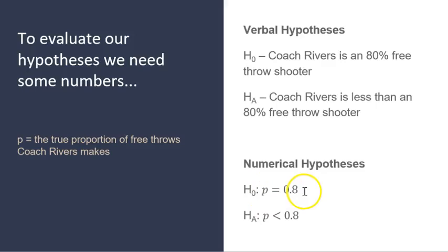We are talking about, in this case, a proportion or percentage of free throws that he makes, so we're going to write it as p equals. My null is always equal, so p equals 0.8. And then my alternative is that he is less than an 80% free throw shooter, so we think that p might be less than 0.8.